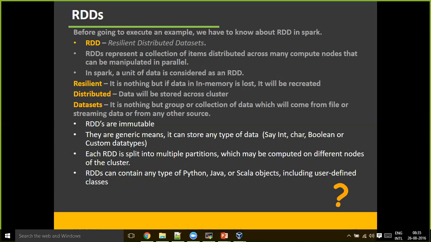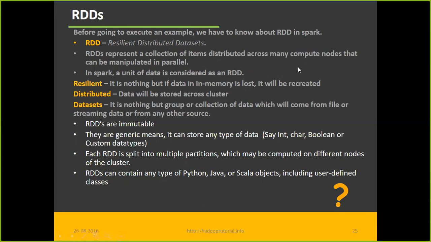And one more confusion people get is that they always compare Spark with HDFS. First of all, I made that mistake too, by giving you the distributed nature. You should not compare Spark with HDFS. You should always compare Spark with MapReduce.